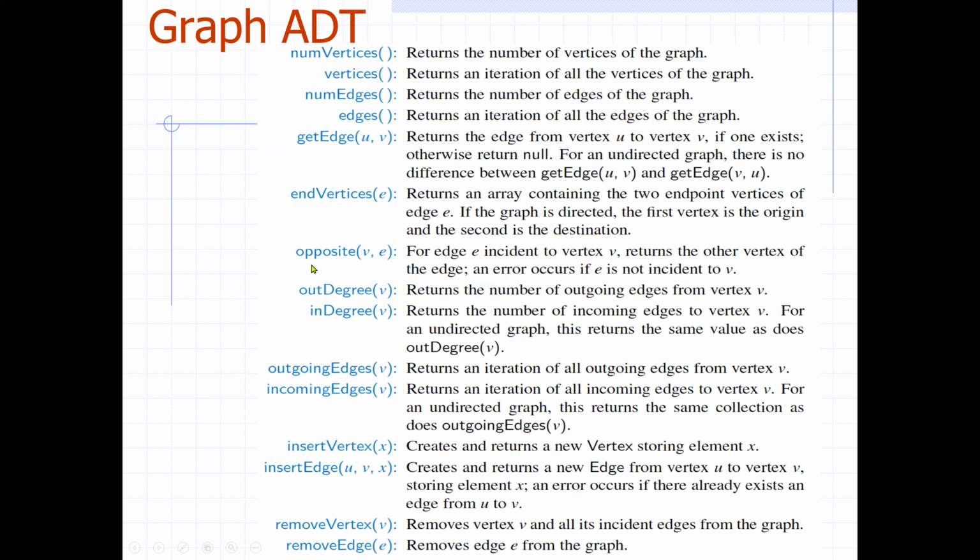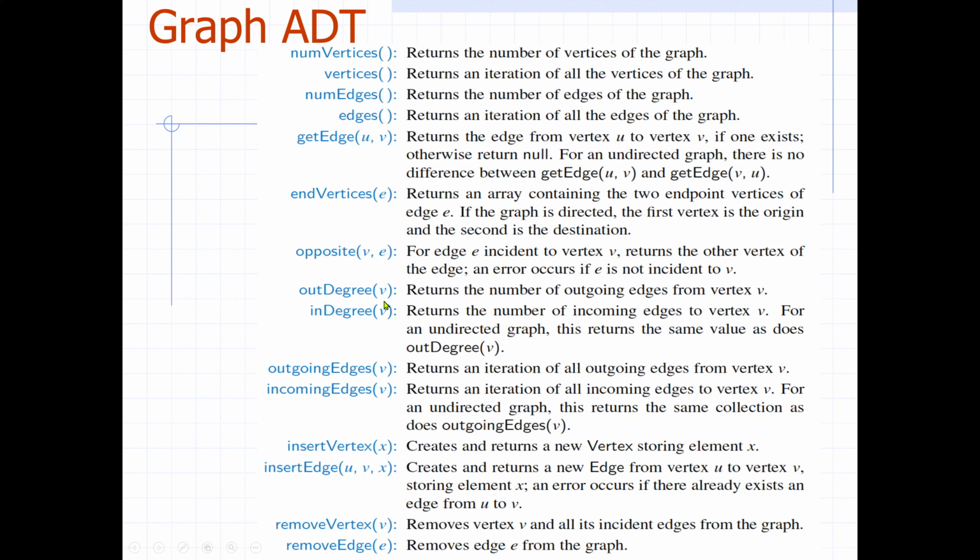Then we also have a method opposite, which takes V and E as arguments. For edge E incident to vertex V, this method will return the other vertex of the edge, or an error occurs if E is not incident to V.